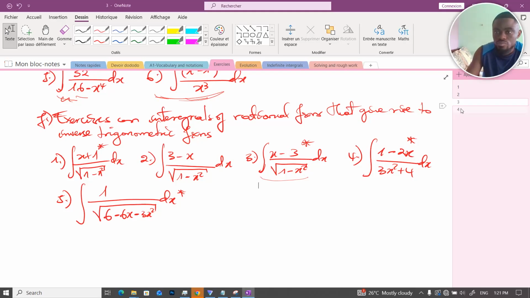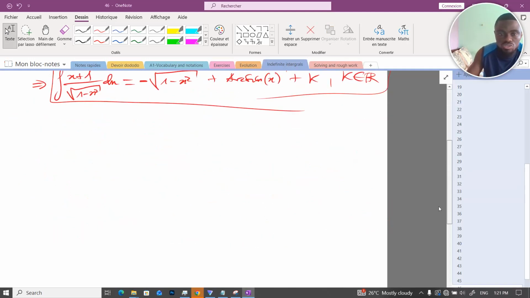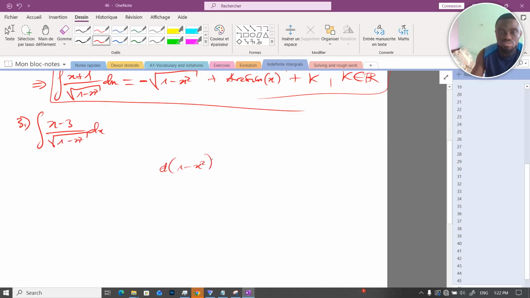So that's question 3, the integral of x minus 3 all over the square root of 1 minus x squared dx. You see that if you differentiate the bottom implicitly, what do you have? The implicit differential of this will be equal to minus 2x dx. But at the top, you have x minus 3. You see that there is an x here, but this 3 is complicating our life.